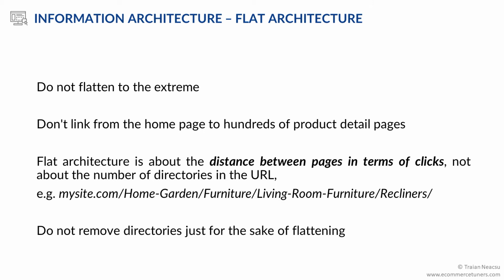For example, you can link from the homepage directly to a subcategory URL at the 4th level of the hierarchy to promote a subcategory that generates high profits. In this example, the recliners page is only 1 click away from the homepage, which fits the flat architecture concept, but it is 4 levels down in the directory hierarchy, which matches the deep architecture concept.